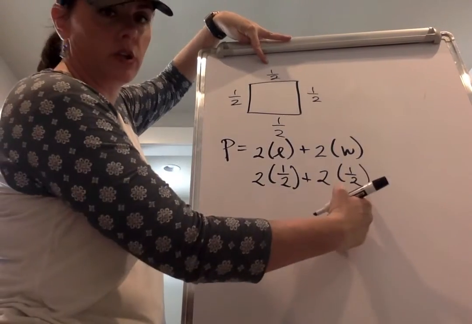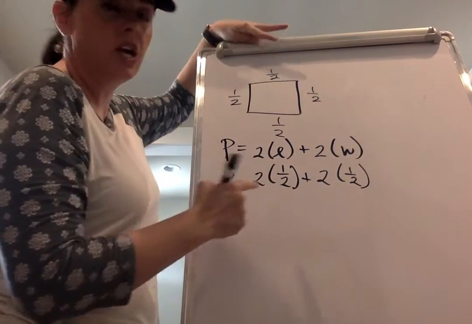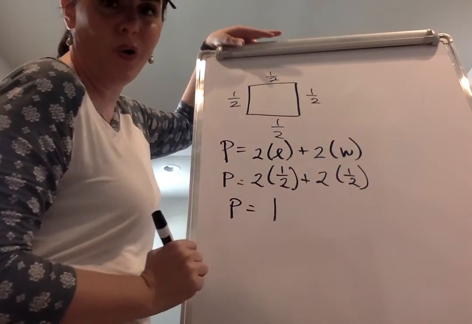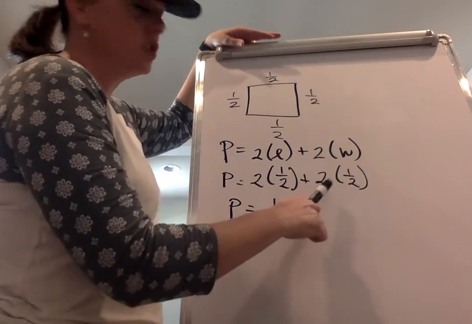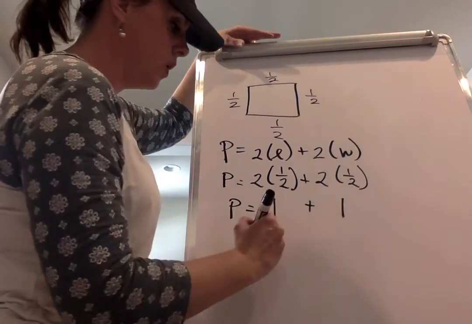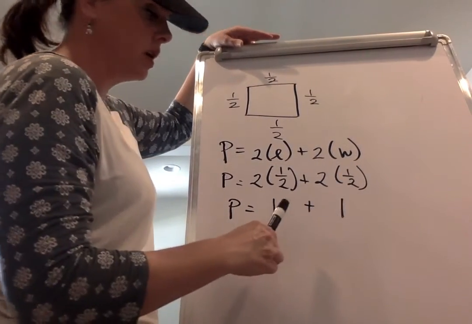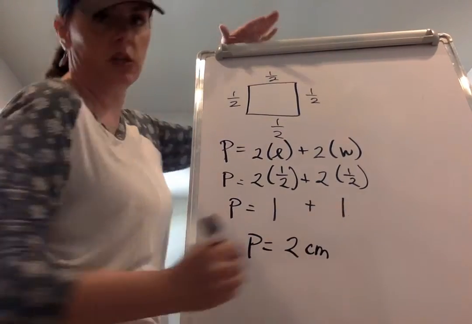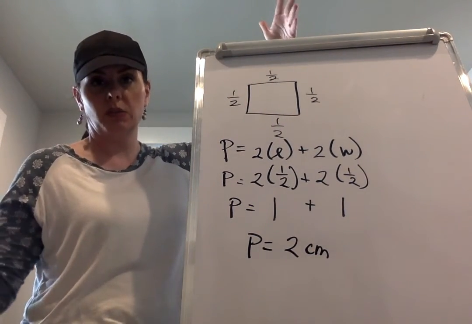Here's our length, here's our width. Okay, 2 times 1/2 equals 1 whole, plus another 2 times 1/2 equals 1 whole. So our perimeter equals 1 plus 1, so we've got 2 centimeters. Awesome. That's what we said before, right?